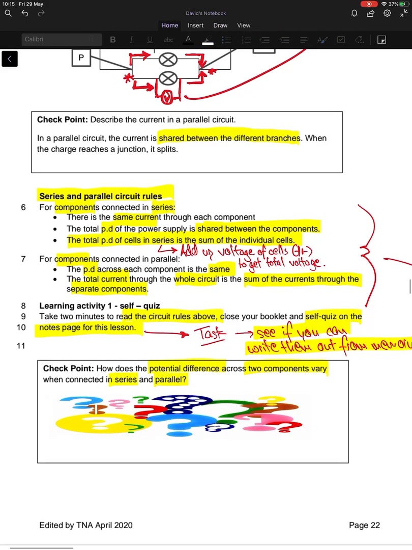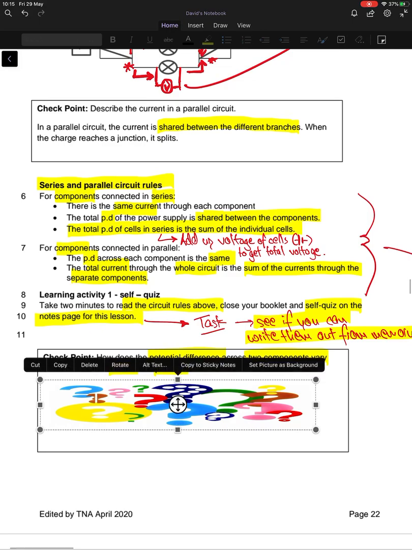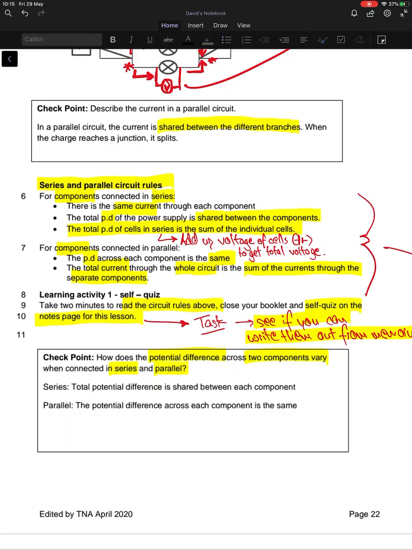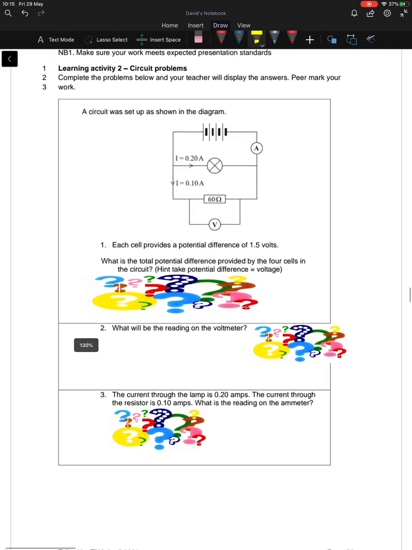So we have a look at our answer. Its total potential difference is shared, as we've just said. For a series, potential difference is shared. And in a parallel, potential difference is the same. Good. Right, now let's see if we can apply some of these ideas.